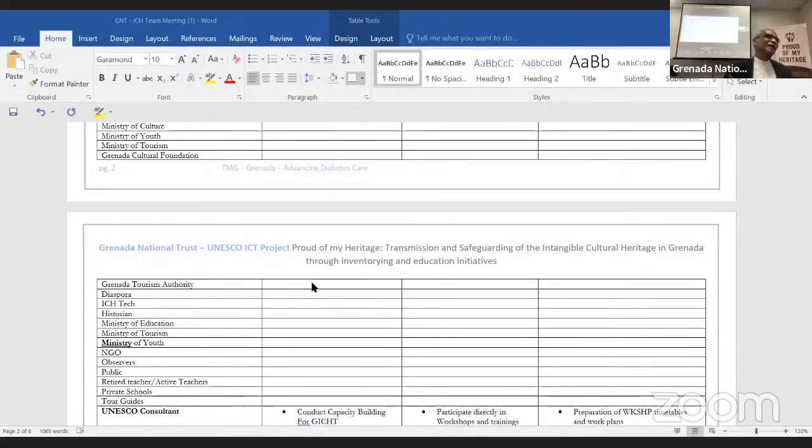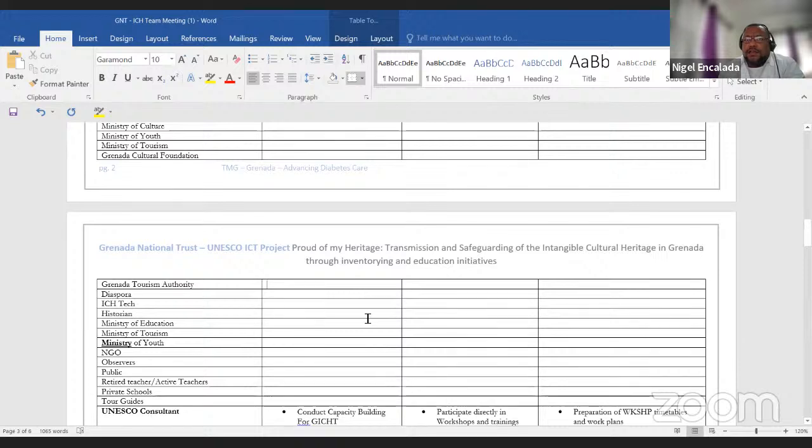Considering Spice Mas part of the Cultural Foundation, that may be wrong. Spice Grenada Mas, you're right. Grenada Tourism Authority is here, and that is separate from the Ministry of Tourism. Is that correct? Yes, separate.